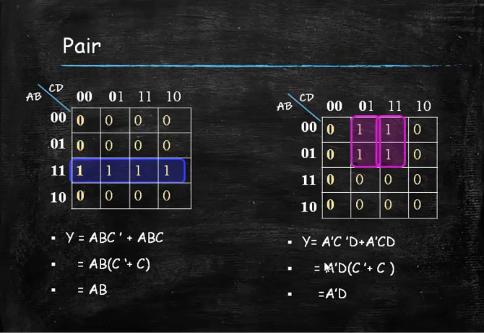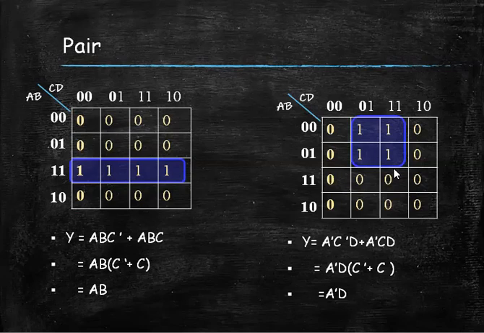Here the pairs are vertically adjacent, or we can say that four ones are adjacent as a square.